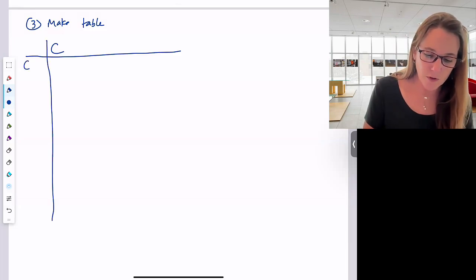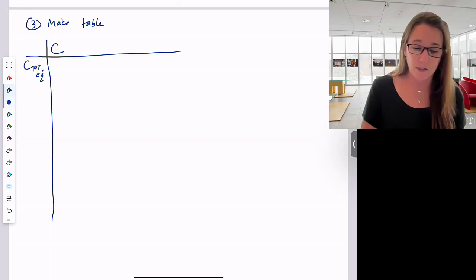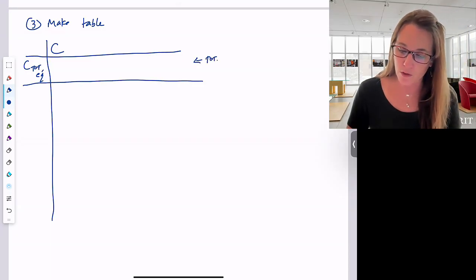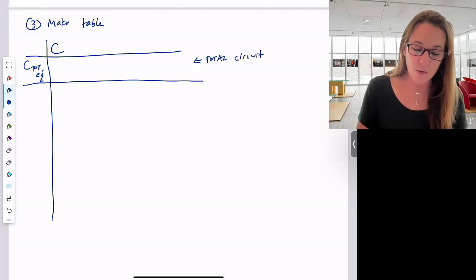We're going to start with the equivalent, the total, which again is the equivalent capacitance. So we're going to put the total circuit at the top. The C_EQ for that, if we remember, was going to be equal to 6. I'm going to put the calculated values in here. So that's going to be 6 nanofarads.